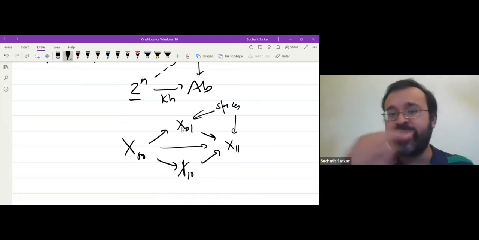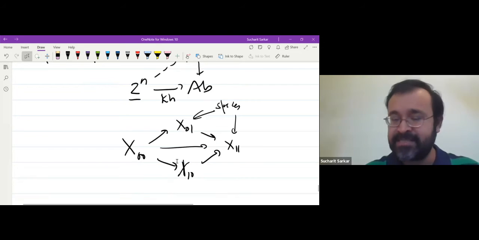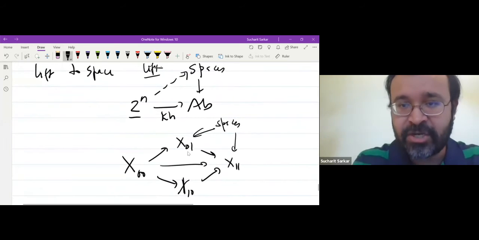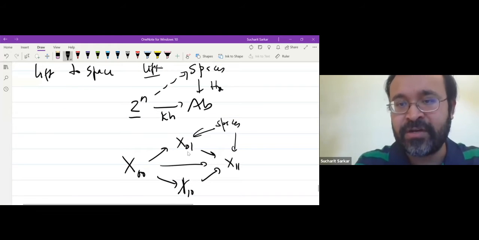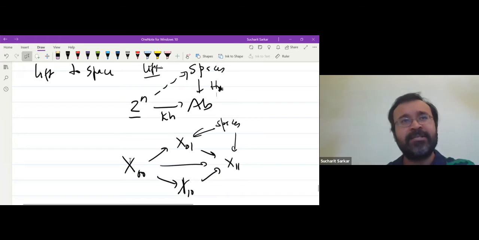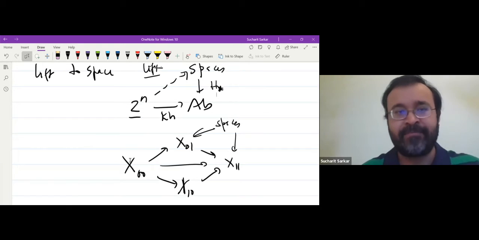So that if I compose this way and if I compose the other way, I get the same answer. And so that if I take homology, I get the original Khovanov cube back. That's what I want. If I can do that, I get a CW complex by doing exactly the same process.